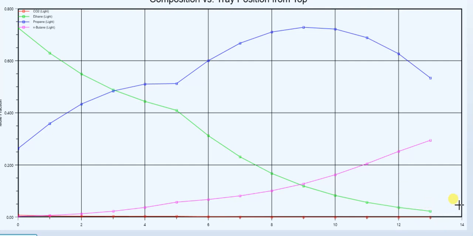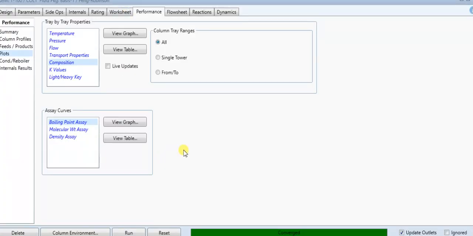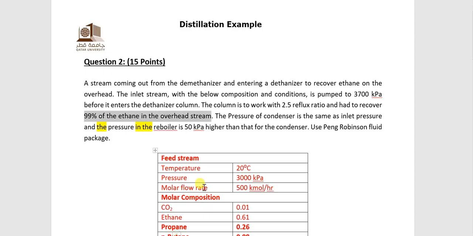If we add more, there is no separation, so those are extra trays or stages that you don't need. Especially if you are checking whether your distillation column is well defined, you need to look at these things.